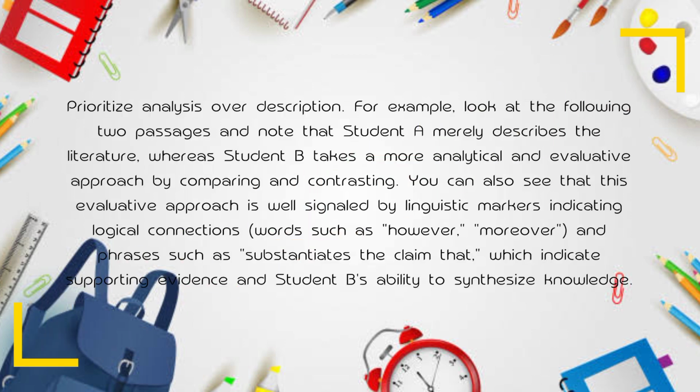For example, look at the following 2 passages and note that student A merely describes the literature, whereas student B takes a more analytical and evaluative approach by comparing and contrasting. You can also see that this evaluative approach is well signaled by linguistic markers indicating logical connections, words such as however, moreover, and phrases such as substantiates the claim that, which indicates supporting evidence and student B's ability to synthesize knowledge.